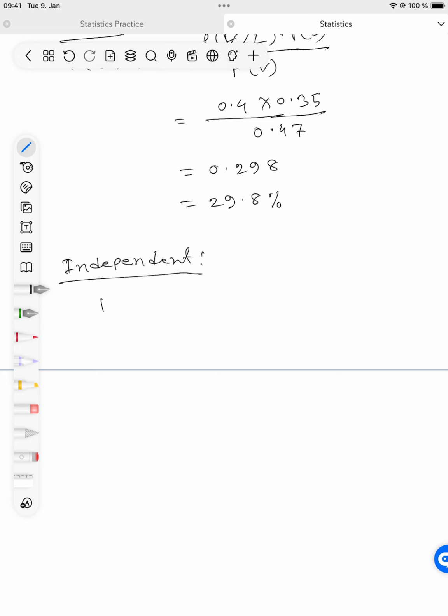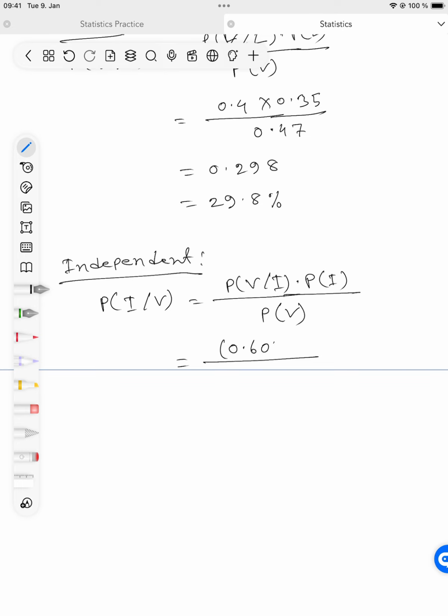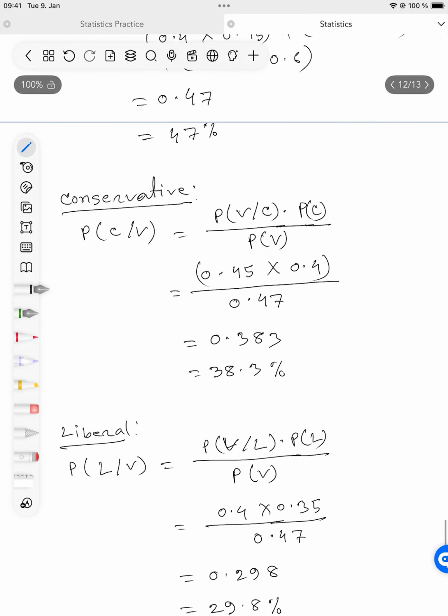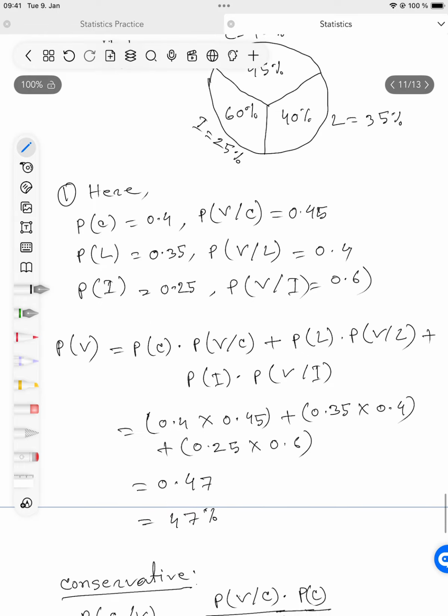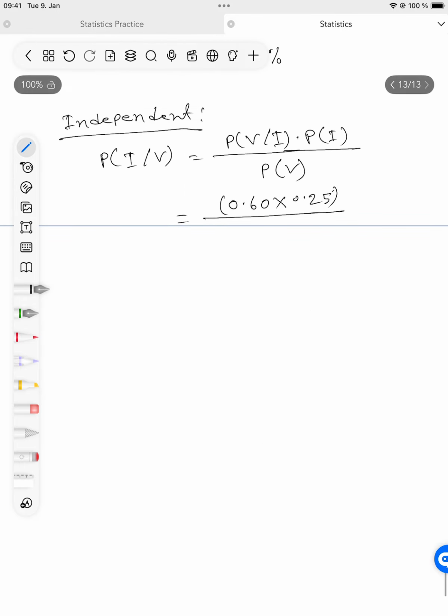As well for independent, we can find the probability of I given V, equal to the probability of V given I times the probability of I divided by the probability of V, equal to 0.60 times 0.25 divided by 0.47.